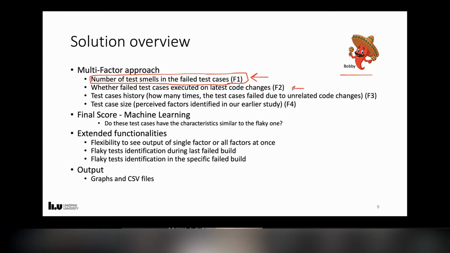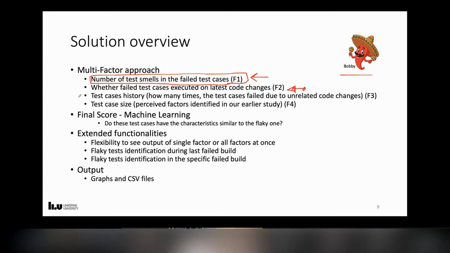Another factor Bobby believed in is whether the failed test case did not execute on the code changes. So you change one part of the code, but the failed test case did not execute on those changes. It executed on the code base that has not been changed. Then why are these test cases failing? So Bobby also believed that if my test case failed on unrelated code changes, then it is most probably flaky.